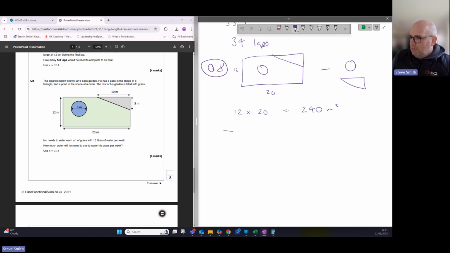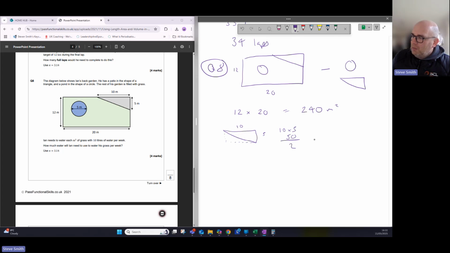With a triangle, I'm imagining it to be a rectangle, and that rectangle is 10 by 5. Once I've got my triangle, I'm going to divide whatever answer I get by 2, because I only want half of my rectangle. I don't want this bit, I want that bit taken off. So I've got 10 times 5, and we know that's 50.